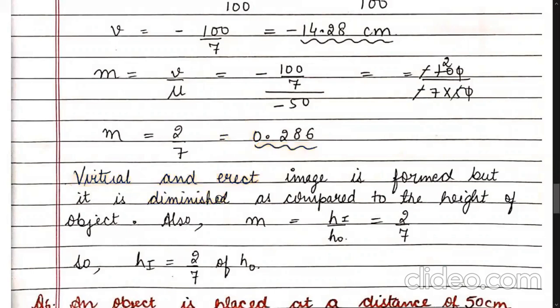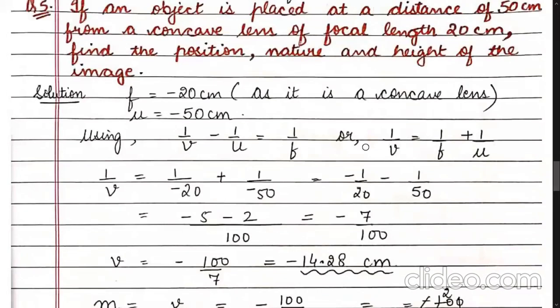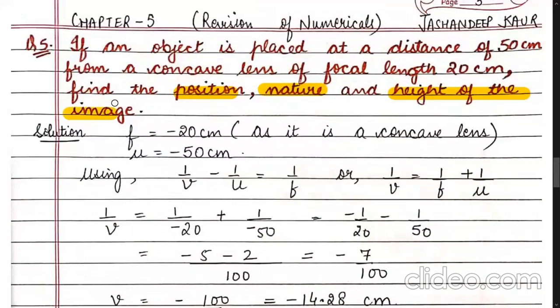Now in this question, they are asking about the height of the image. The question was to find position, which we have calculated, nature, that also we have calculated, and the third thing is the height of the image.